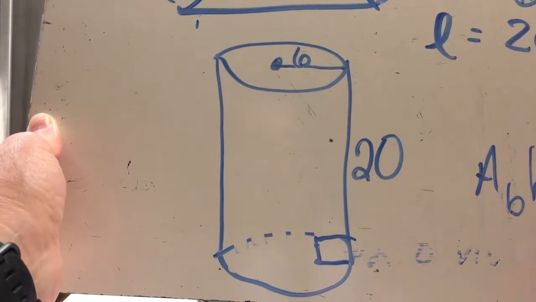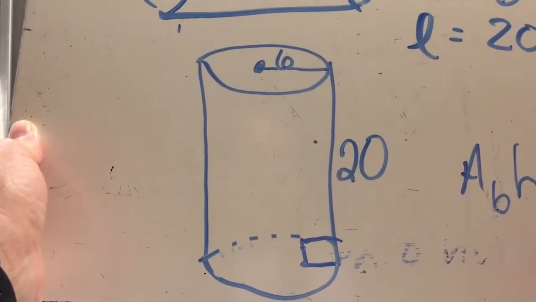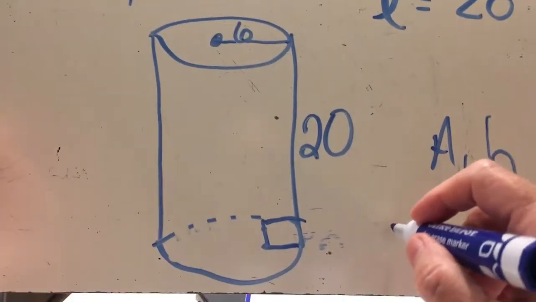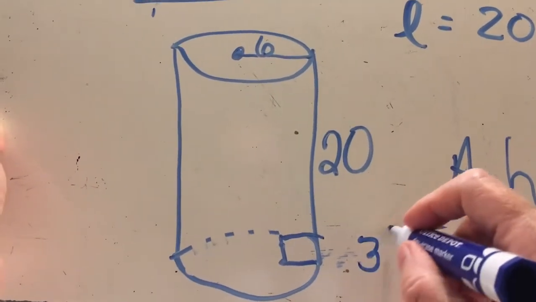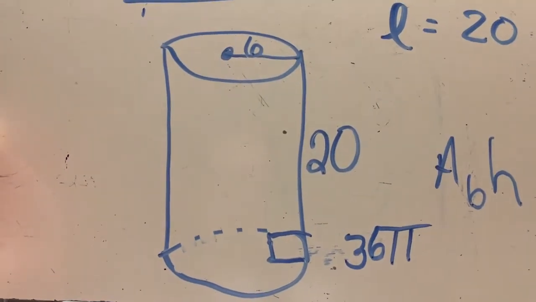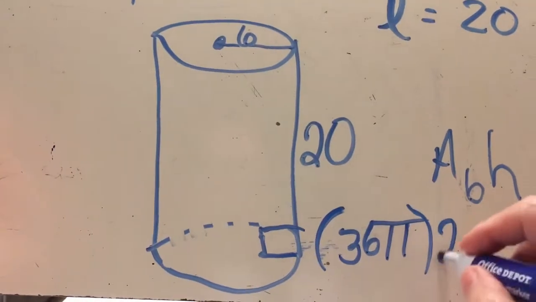So now the area of the base, that's the area of the circle, and it's going to be pi r squared. And so we'd have pi times 6 squared, which would be 36 pi. And that would be the area of the base, and then times the height. So the height is 20.